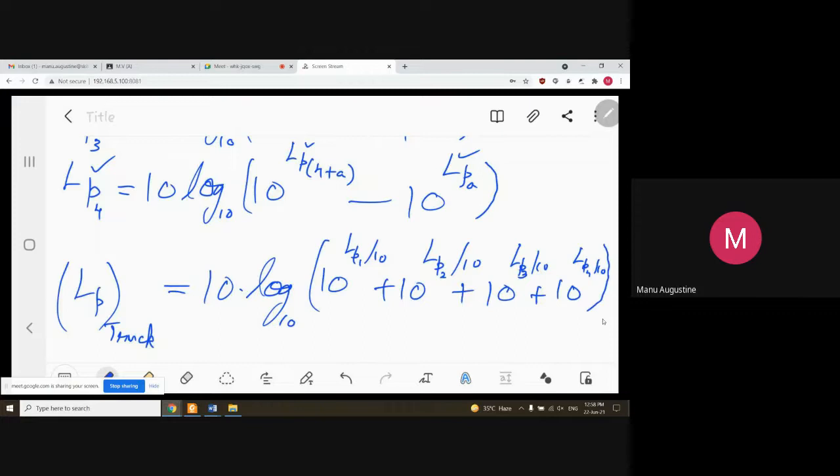As simple as that. Once you have isolated these LP1, LP2, LP3, LP4 components, then it is just a matter of adding them as you already have understood how to do that. So this will give you the LP value of truck.